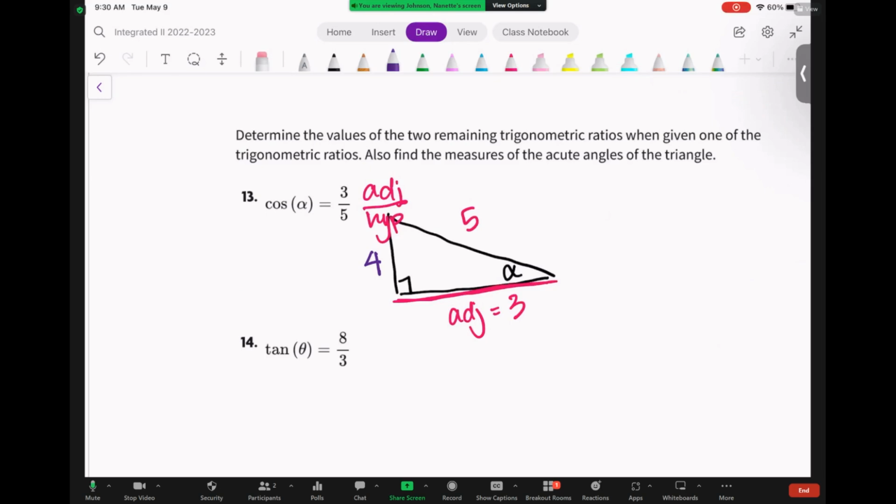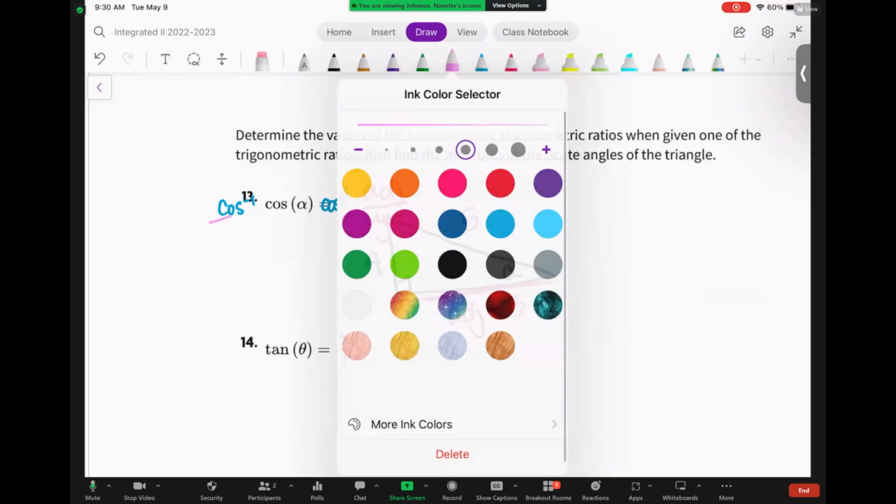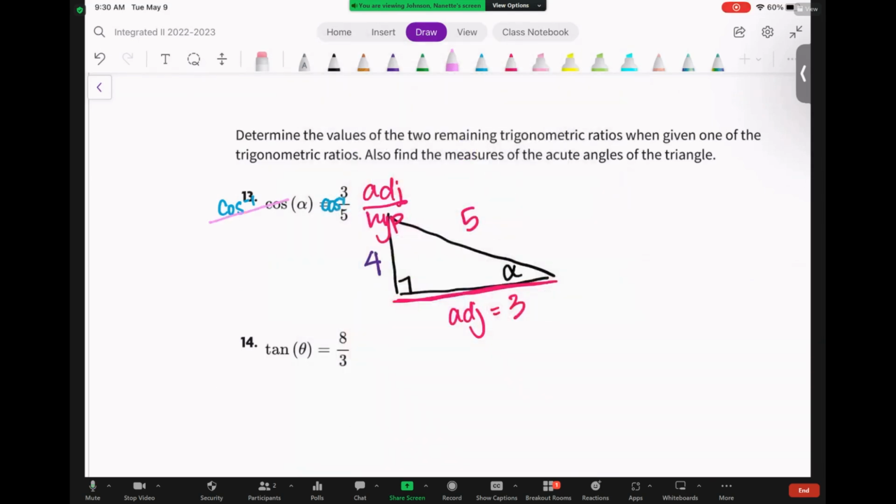And you guys are like, oh, Ms. Johnson, just take the cosine inverse. Exactly. So we take the cosine inverse here, and I just squeeze them in because I don't have enough room. You know that cosine inverse and cosine undo each other. So now all you're left with is alpha equals cosine inverse of 3/5.